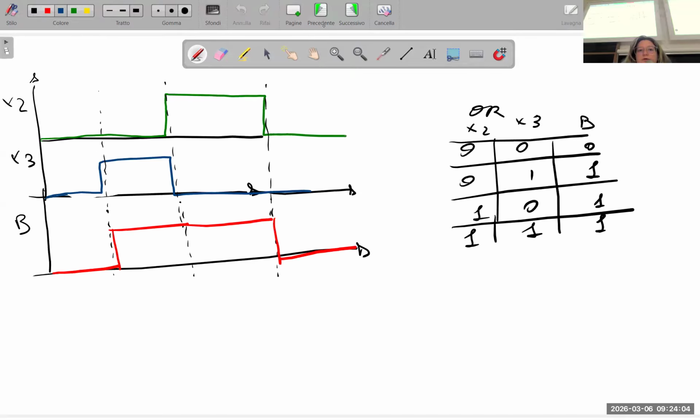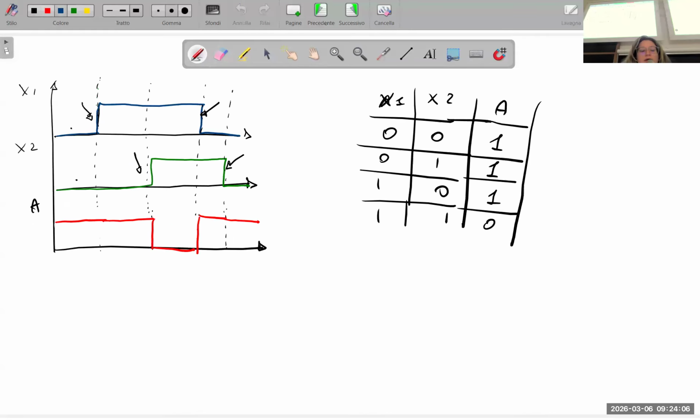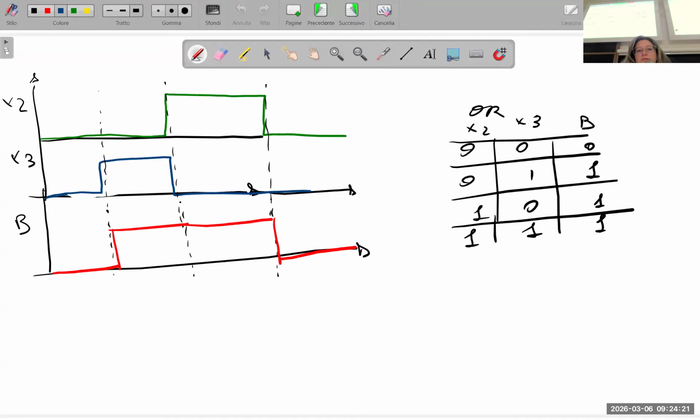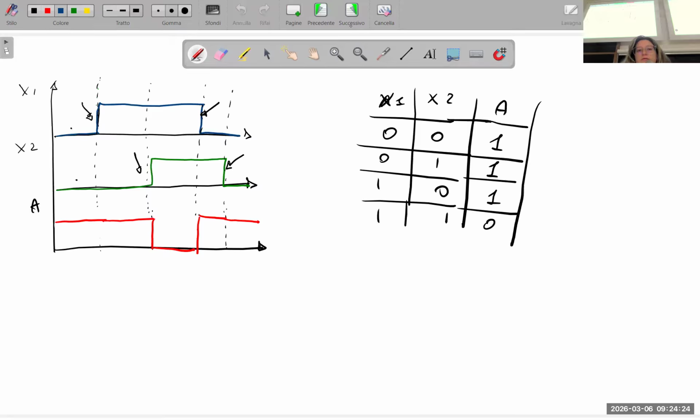So let's see before how B is made. A is 1, then 0, and then 1, 1. 1, 1, 0, again 1, right? Yes.